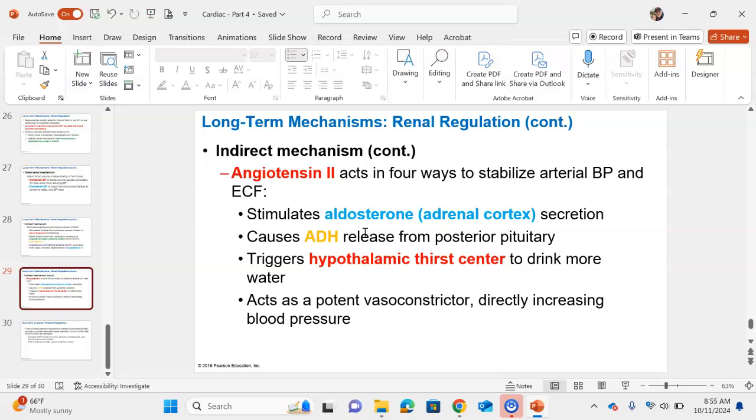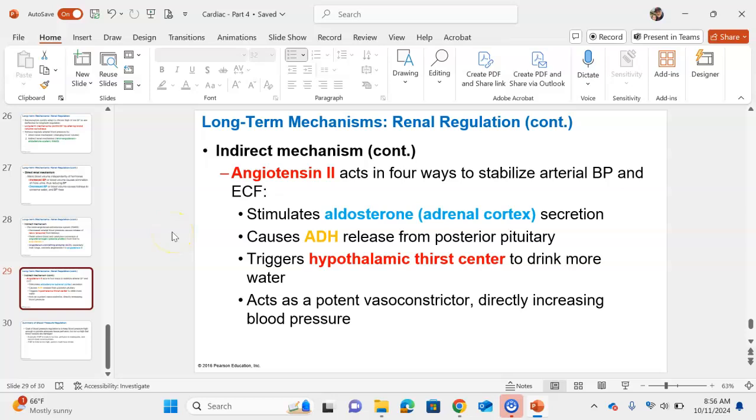Now, this isn't a super rapid response, but it will start working fairly quickly once this mechanism kicks in to help stimulate the body to reabsorb as much water as it possibly can. If you want to help it, you drink water, you give IV fluids. It's just going to help blood volume go up that much faster and help blood pressure stabilize.